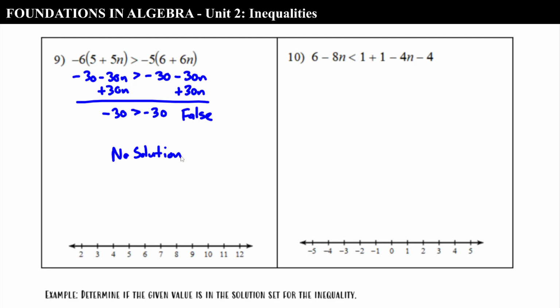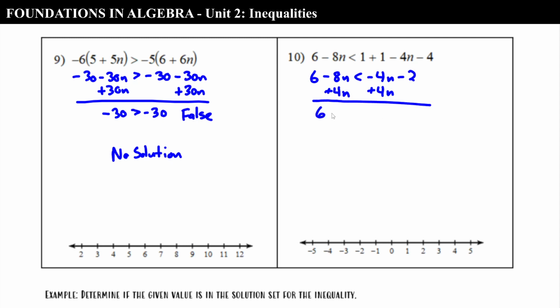And then for number 10, let's combine our like terms on the right-hand side. So 1 plus 1 is 2, minus 4 gives us negative 2. So we have negative 4n minus 2. Let's add 4n to each side. So we have our n on this side to begin with.